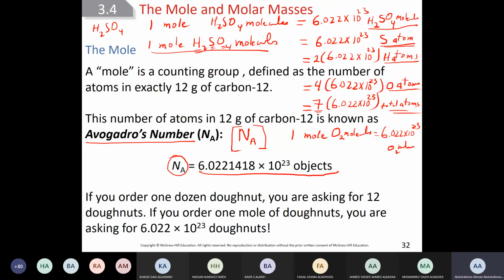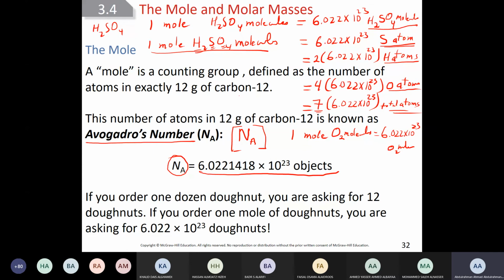In numbers, yes, there are 4 oxygen atoms compared to 1 sulfur atom compared to 2 hydrogen atoms in the molecule. But of course, not in the mass. The mass is different. Doctor, we don't have to multiply it with the mass number. We only multiply with Avogadro or what? What do you mean by mass number? Don't use mass number. Use atomic mass.